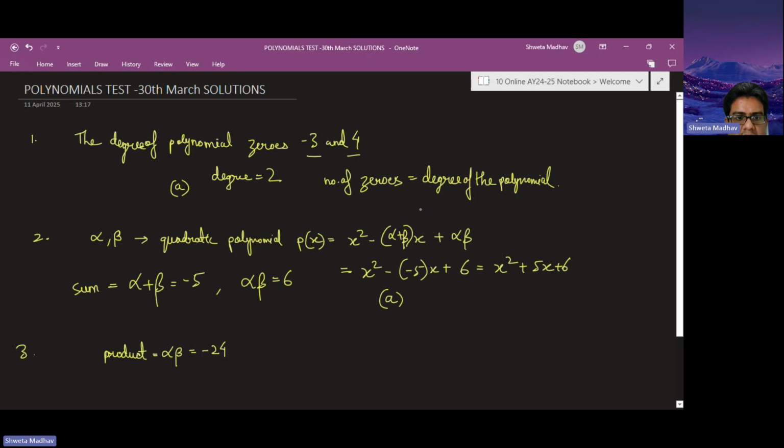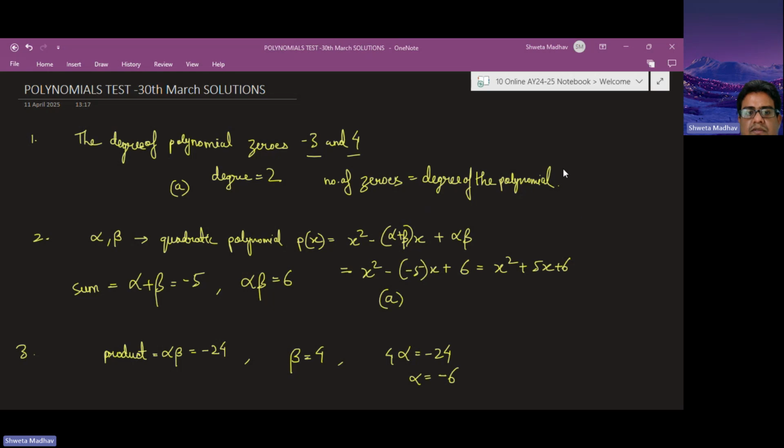If I assume the zeros are alpha and beta, and 4 is one of the zeros, let us assume that the value of beta is 4. So 4 alpha is equal to -24, therefore alpha will be equal to -6.